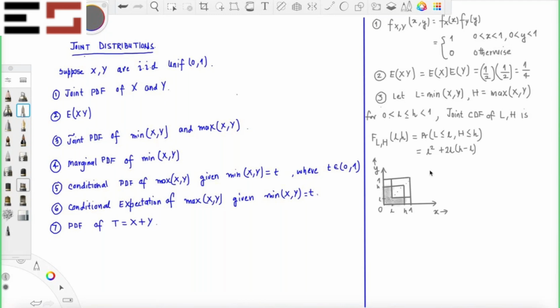Now let's figure out the joint PDF. So the joint PDF will be the double partial derivative, first with respect to L and then with respect to H, of the joint CDF.